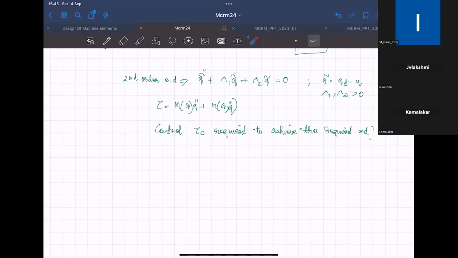Sir, anywhere we have used tau c? Tau c was just a meaning actually, just to imply that that would be the control input. That's all. We haven't used tau c anywhere in the lectures, but in this question, it is just to signify that would be the control input that you would be supplying onto the robot, so that this will be the error dynamics that will be followed.